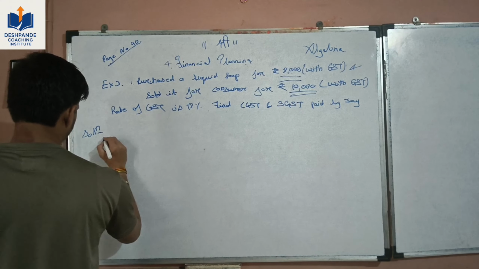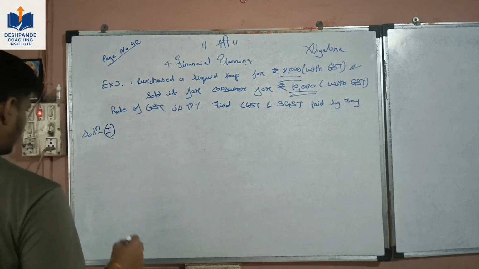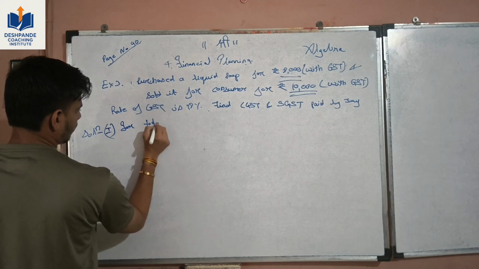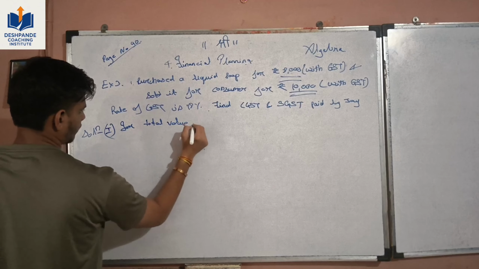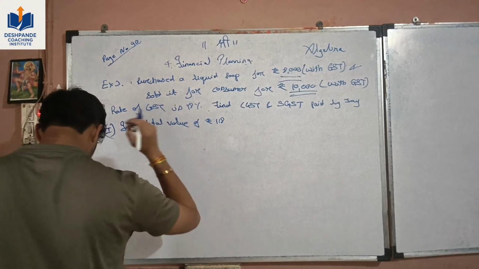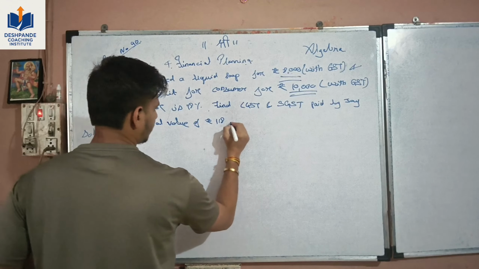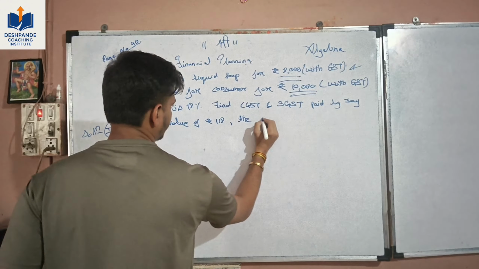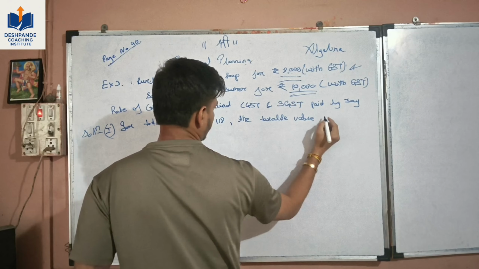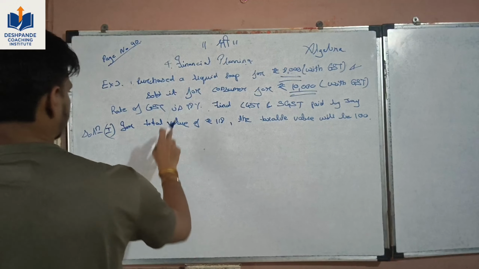So now first, for a total value of rupees 118, this is an assumption that 118 is the final value, so the taxable value will be 100, because the rate is 18%.